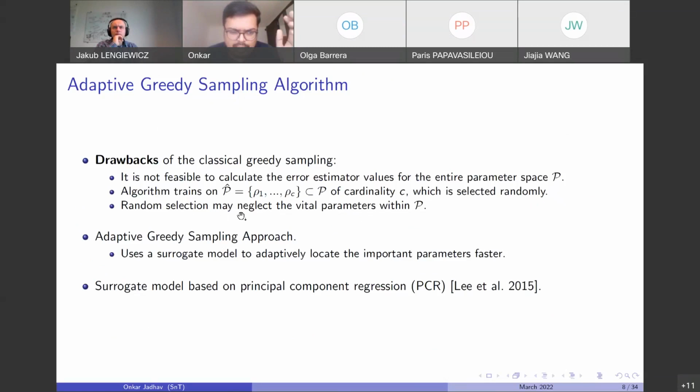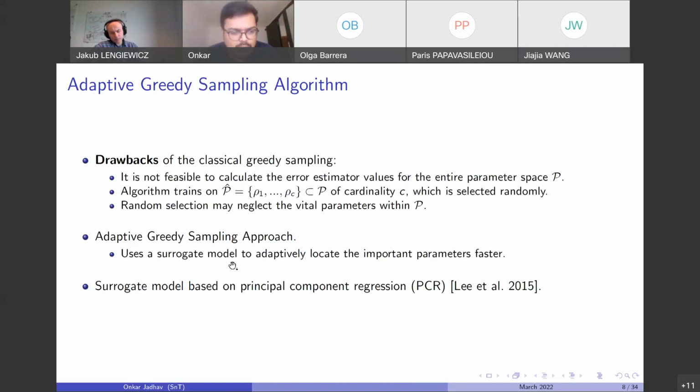These random selections may neglect the vital parameters within our parameter space P. That's why I developed an adaptive greedy sampling approach, which uses a surrogate model instead of the actual error estimator to adaptively locate the important parameter groups much faster.